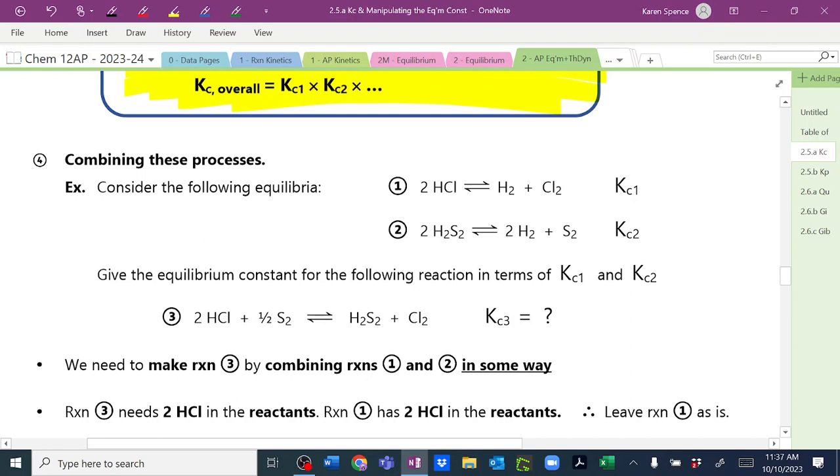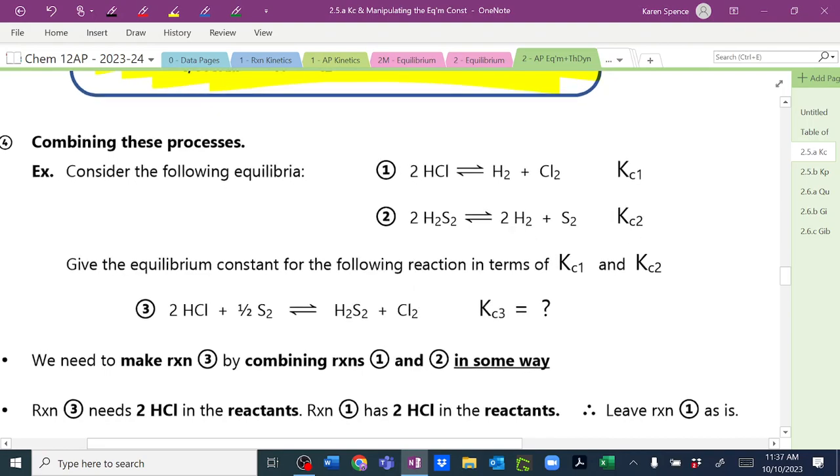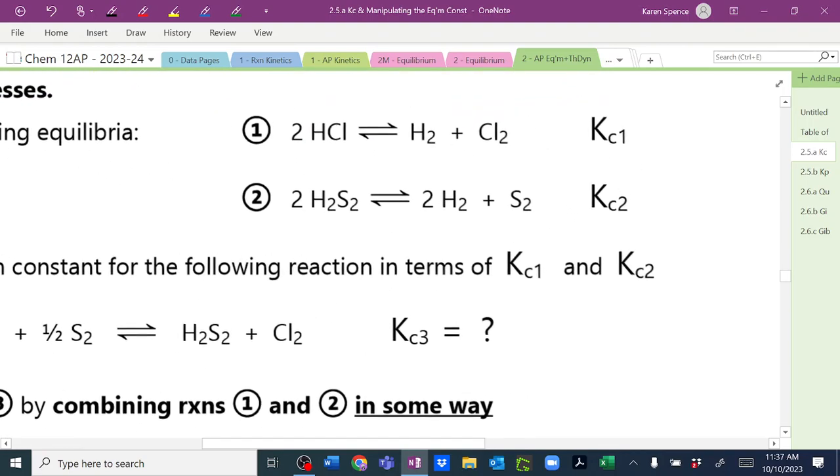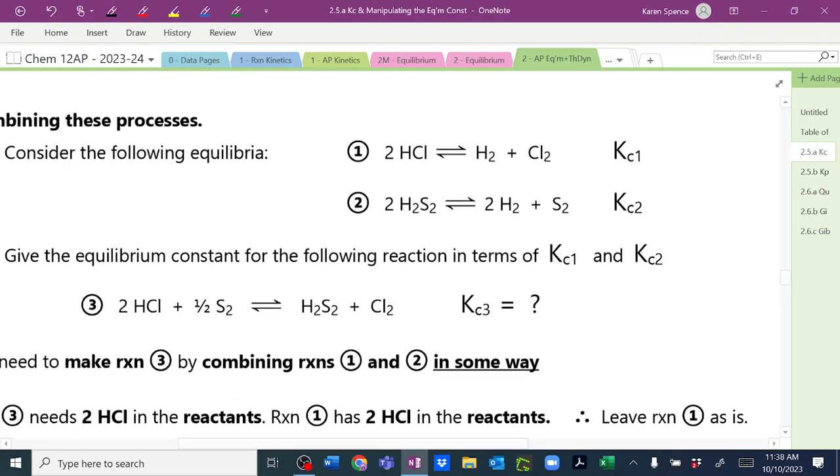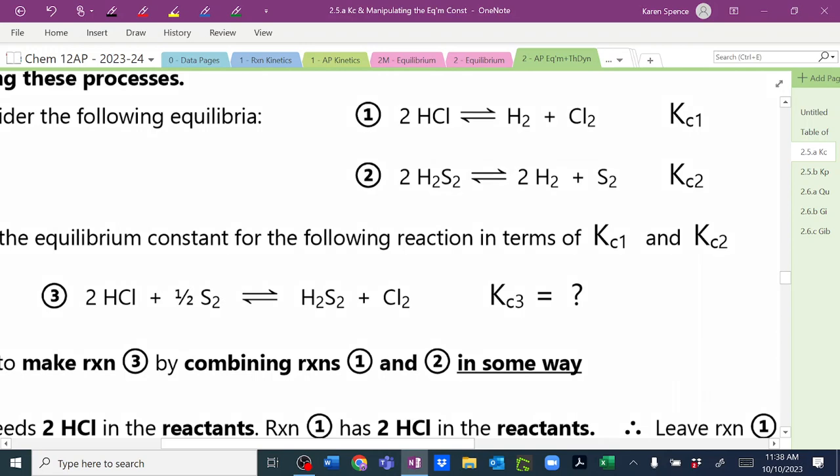Consider the following equilibria. We got reaction A, we got KC1, and we got KC2. Give the equilibrium constant for the following reaction in terms of KC1 and KC2. So what you're going to do is look and say, what do I have in common here between my reactions 1 and 2 and my reaction 3?